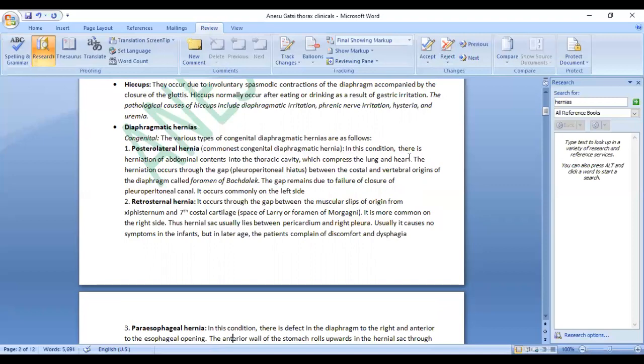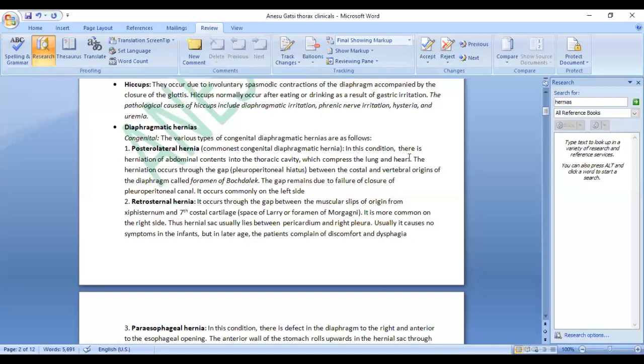In congenital diaphragmatic hernias, you have what is known as the posterolateral hernia. That is actually the most common congenital diaphragmatic hernia, where you have herniation through the foramen of Bochdalek. This foramen is between the costal and vertebral origins of the diaphragm.